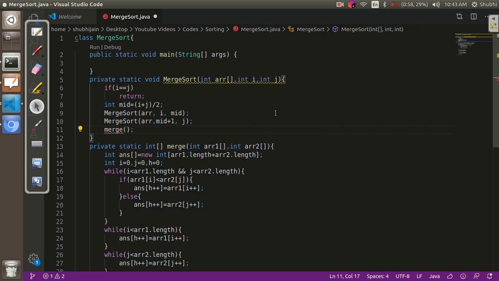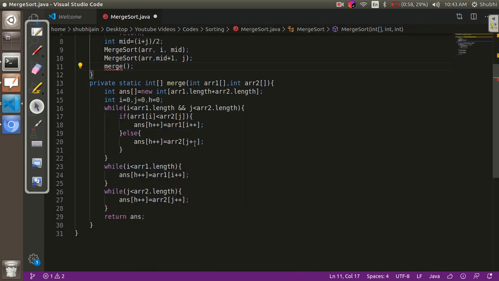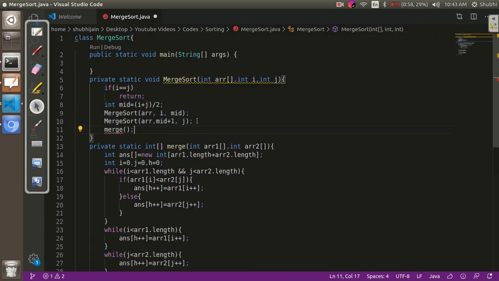Now let's first see what changes are to be made in this merge algorithm. Over here we were taking 2 separate arrays, but here the 2 separate arrays are within the array itself. So instead of having the 2 arrays, we'll take our only array, and over here we'll have indexes for the 2 arrays.